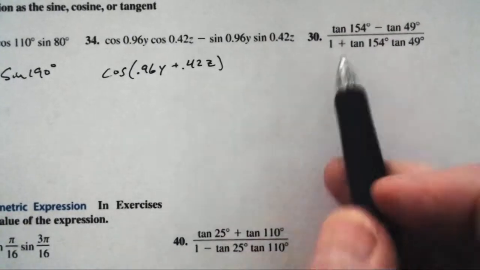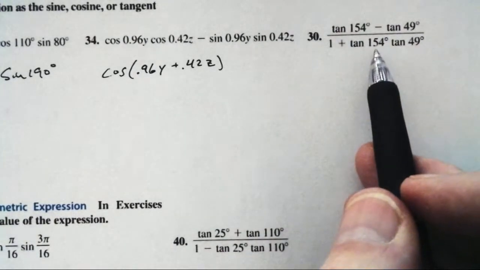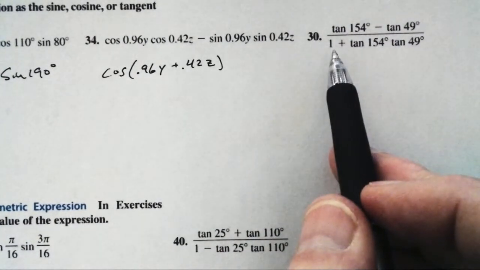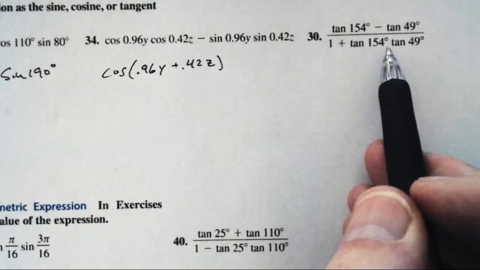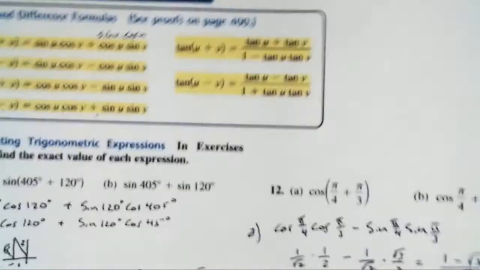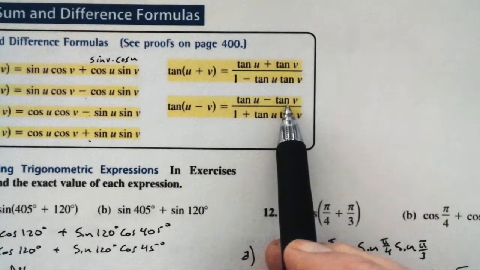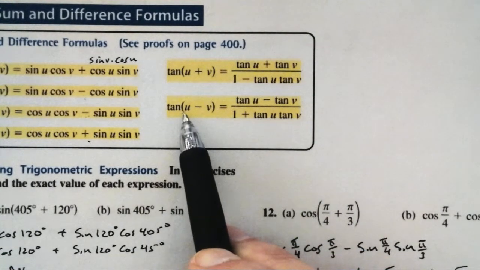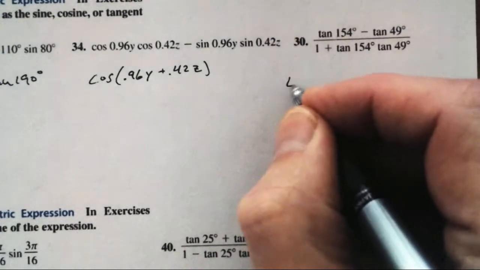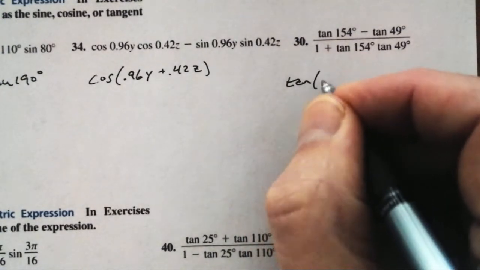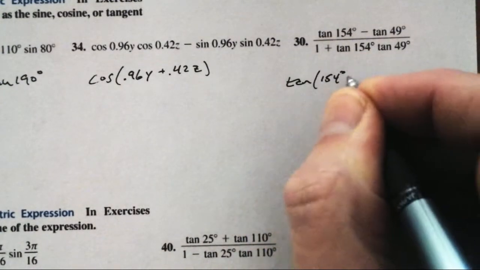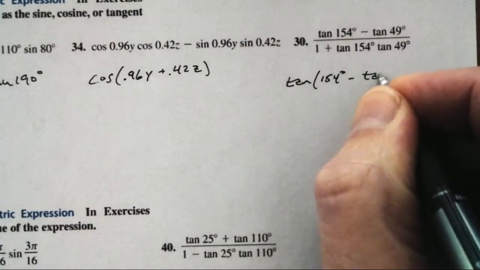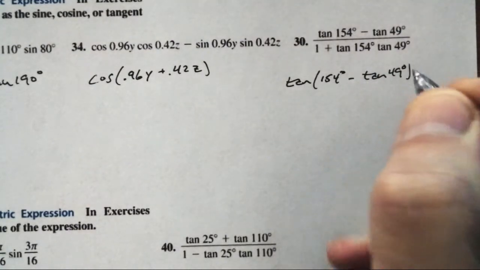How about tangent minus tangent on 1 plus the product of the tangents? So it's the difference of the tangents over 1 plus the product of the tangents, which is tangent of a difference. So this is tangent of 154 degrees minus 49 degrees.